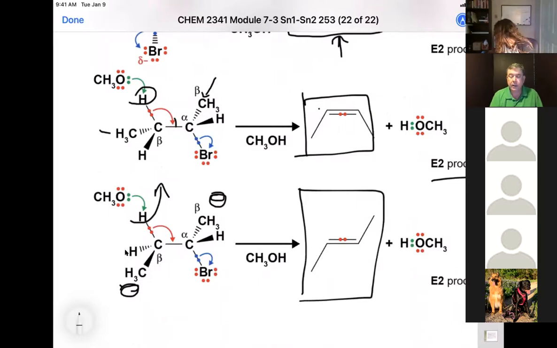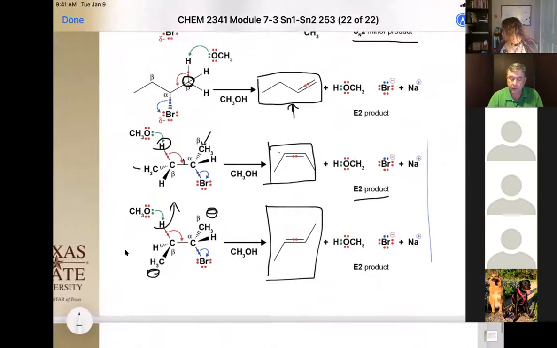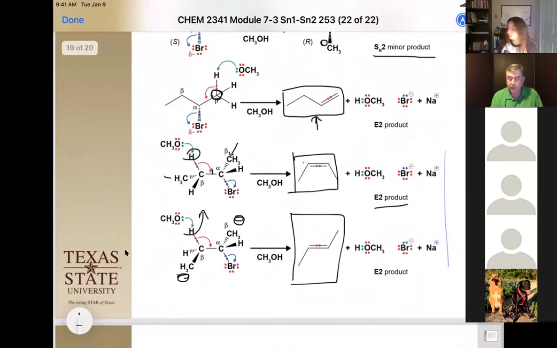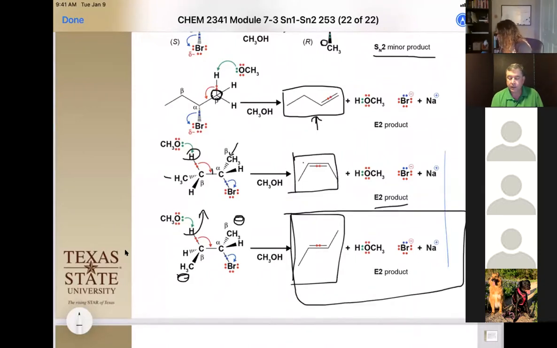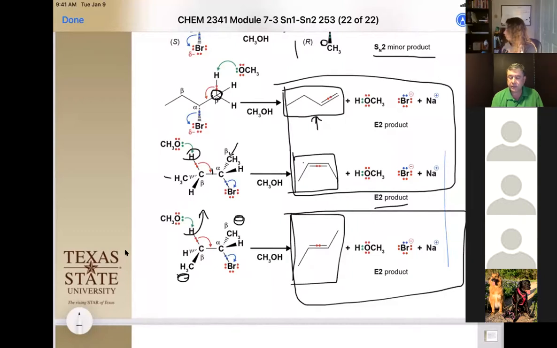The trans product is the most thermodynamically favored product. So this is our major product. These two are going to be minor E2 products, and our SN2 product will also be a minor product.